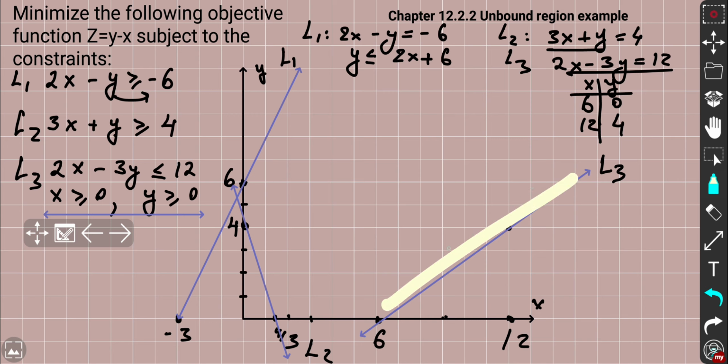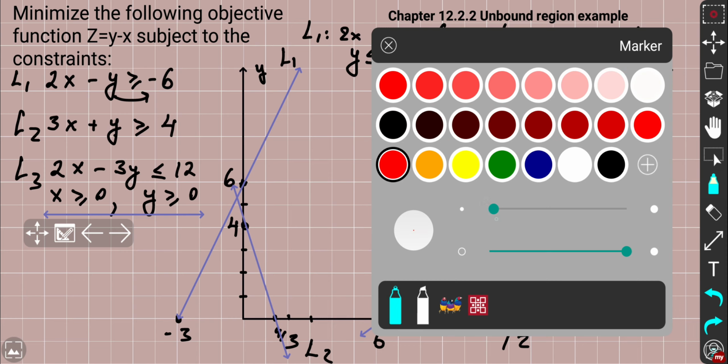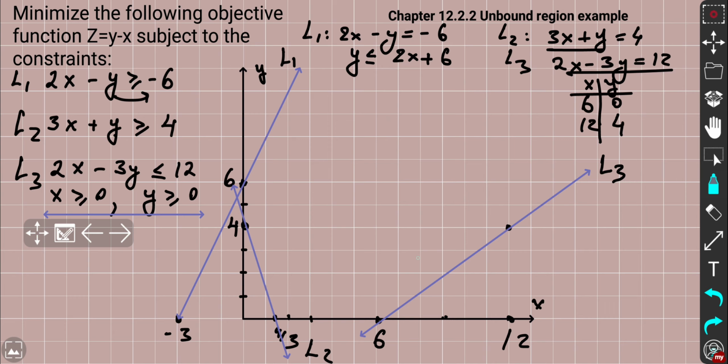Oh, sorry, I don't like these markers at all because they work really badly. So I'm going to use this one. Let me highlight with this color. Here is our region.